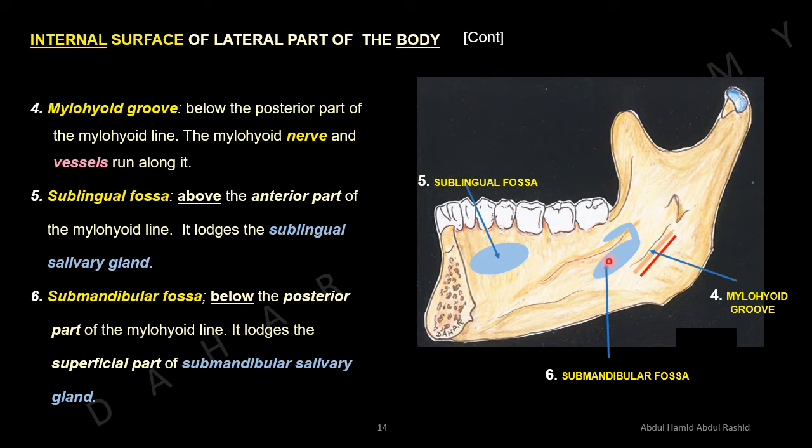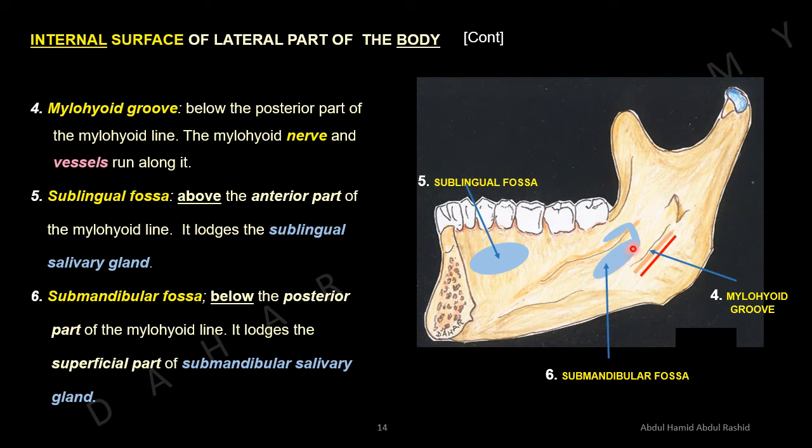Now, behind and below the mylohyoid line is another fossa, which is occupied by the submandibular salivary gland. So it is called the submandibular fossa. This is the superficial part of the submandibular gland located here.